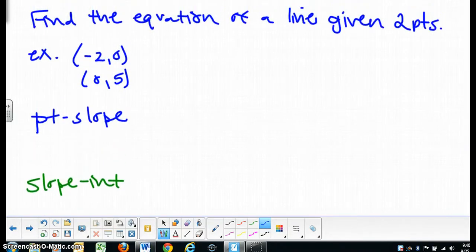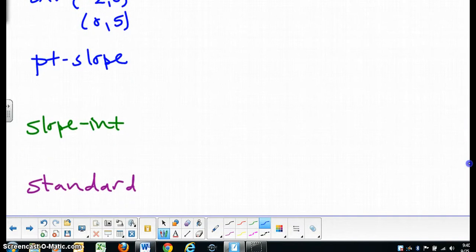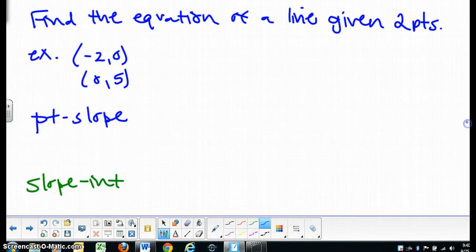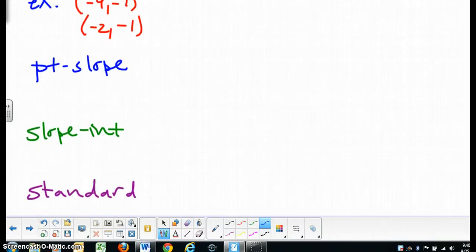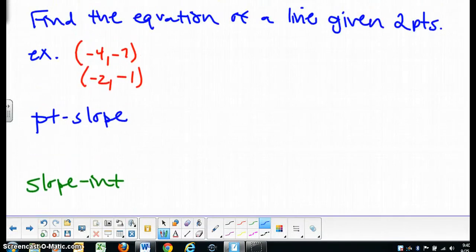So I'll give you a second to write that down. Push pause. The next one, same thing, different points, lots of negatives, so I want you to practice using negative numbers as well. Find point slope, slope intercept, and standard. Push pause again.